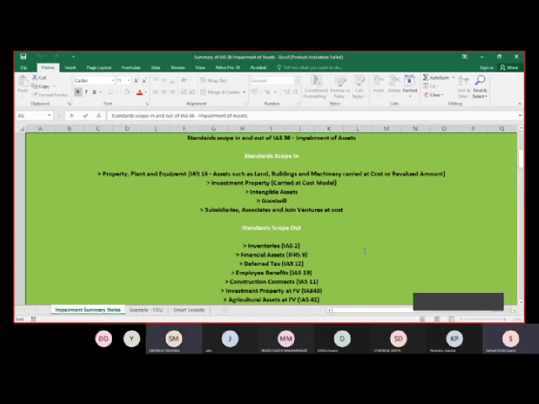Even though you were wrong at one point, if you applied the impairment correctly going forward and carried it through to profit and loss, you'll get those marks even though the amount is wrong, because at least you know that impairment goes to profit and loss. So I don't think you'll be penalized overall. They will penalize you at one point, but going forward, you'll get the marks.